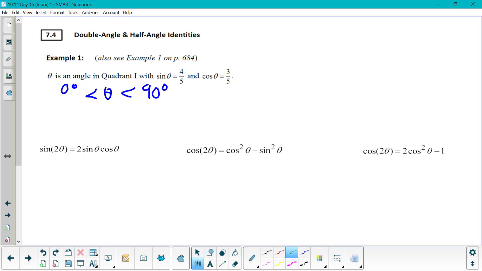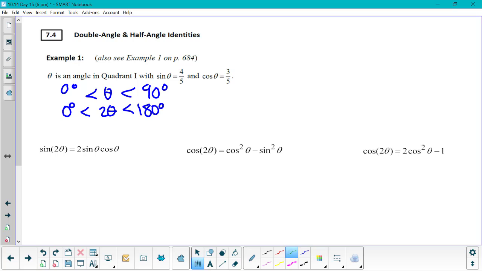I'm interested in finding the exact value of the sine of 2 theta, the cosine of 2 theta, and the tangent of 2 theta. So let's think about what quadrant or quadrants 2 theta could be in. If I multiply through that inequality, 2 theta could be between 0 and 180 degrees.